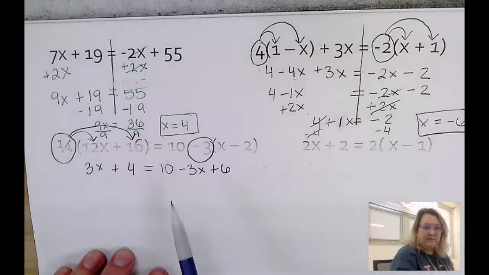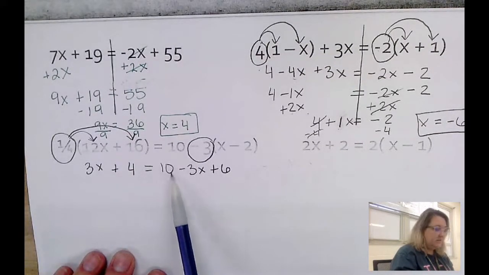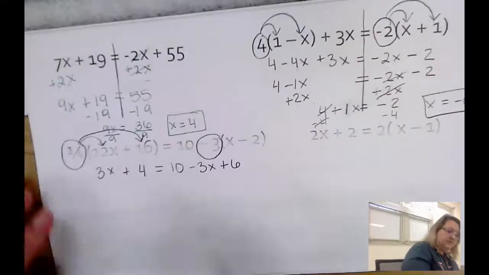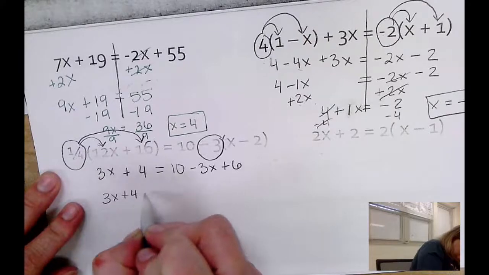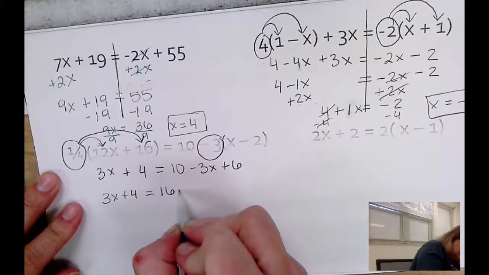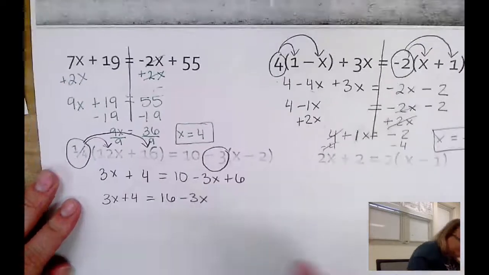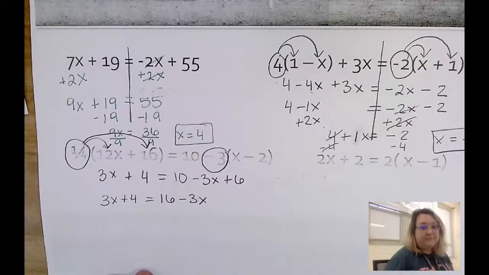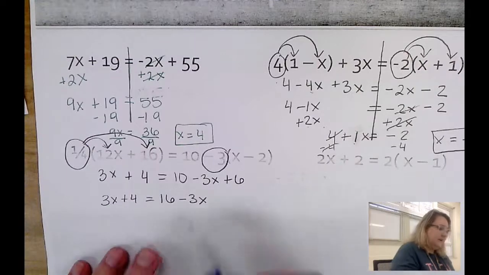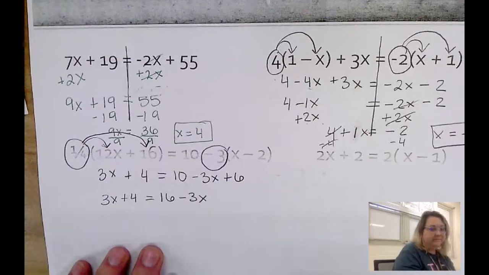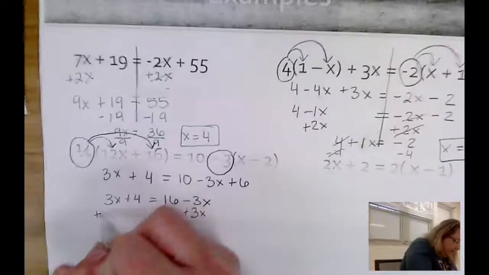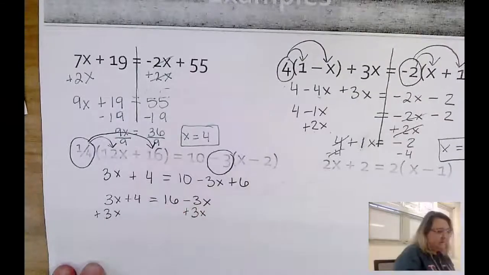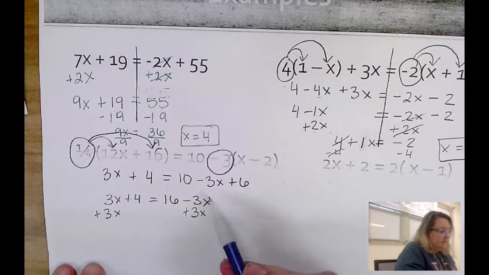All right, now I'm going to add or subtract to move my variable. I'm going to add 3x to both sides. I'm left with 6x plus 4 equals 16. I'm going to take 4 from both sides. I made 6x equals 6. x equals 2.